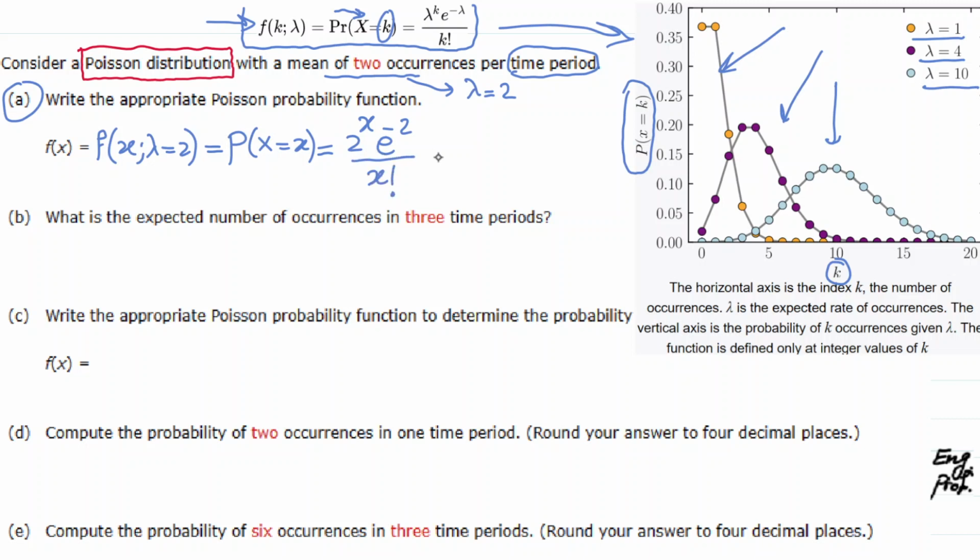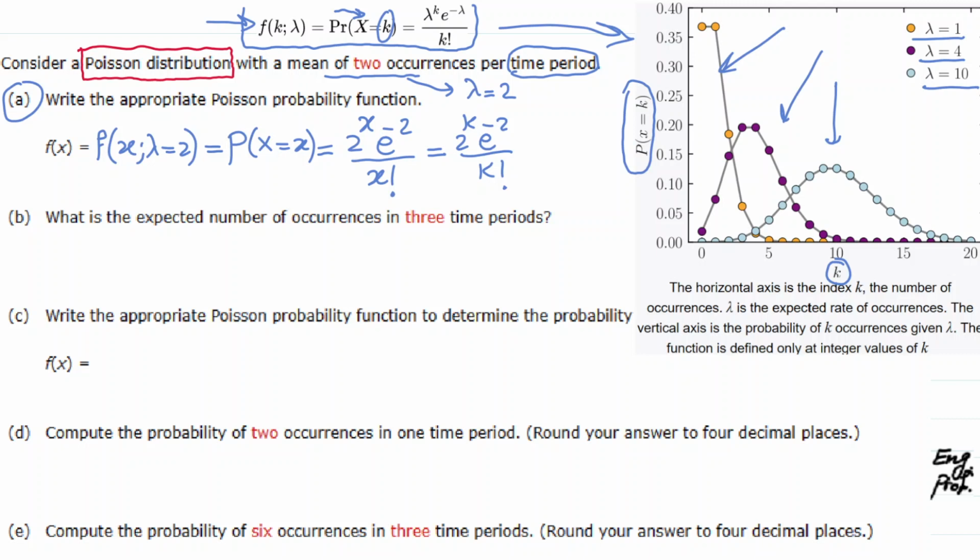Of course, it's fine if you just say x equal to k, so 2 to the k, e to the negative 2 divided by k factorial. Doesn't matter, just the name. Okay, so that's the formula. And it is not shown in this drawing because these drawings are for lambda equal to 1, 4, 10, not 2, but it is something between 1 and 4.